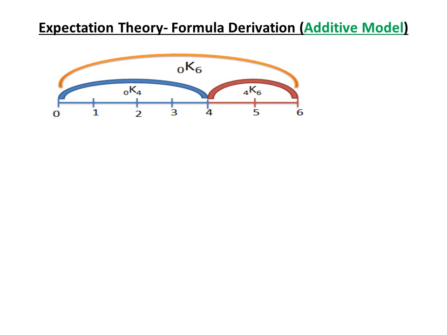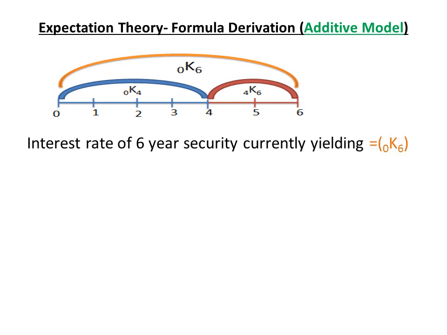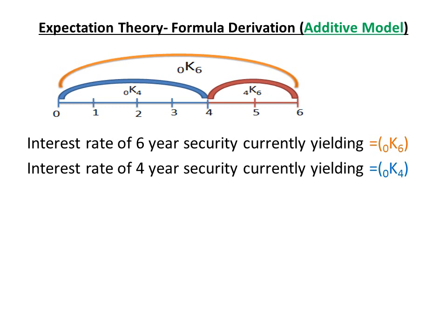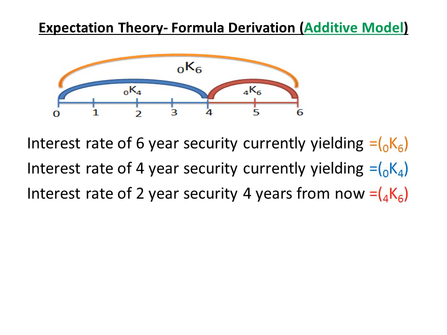So have a look at the notation. The interest rate of the 6-year security currently yielding is called 0K6. Please concentrate on the color. The interest rate of the 4-year security currently yielding, 0K4, is the blue color, and the interest rate of the 2-year security 4 years from now. 4 years from now means 0, 1, 2, 3, 4.